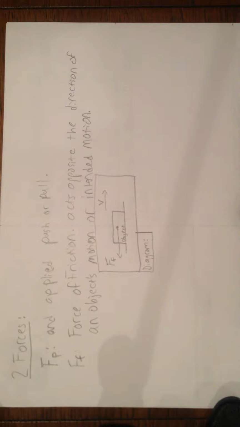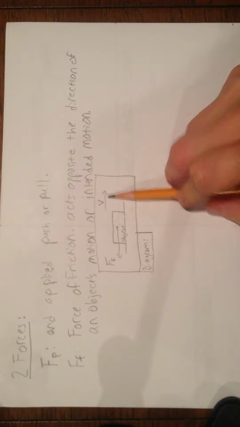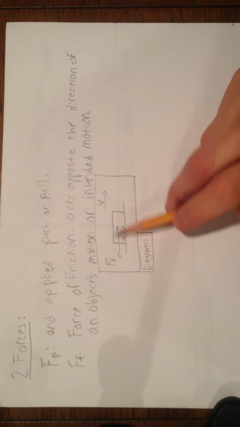You've also got FF, force of friction, and it always acts opposite the direction of an object's motion if that object is moving, or it acts opposite of the direction of FP when you try to or intend to move that object. Any object, if you push it in one direction, friction will push back in the opposite direction. We have a little diagram here which shows you V, if the object is moving to the right, friction will be acting on that object to the left.